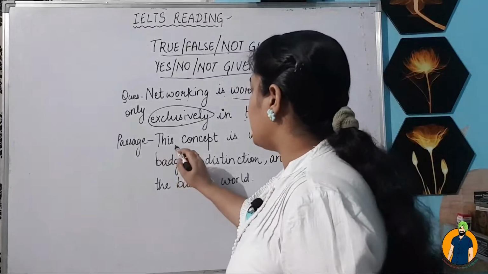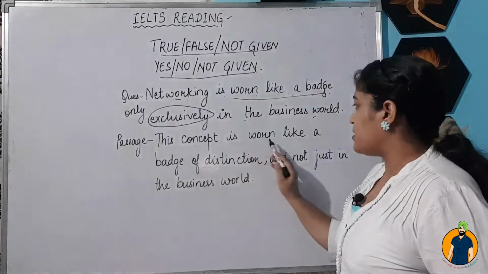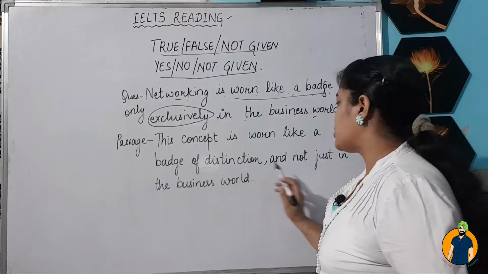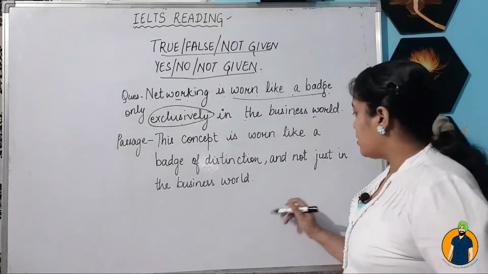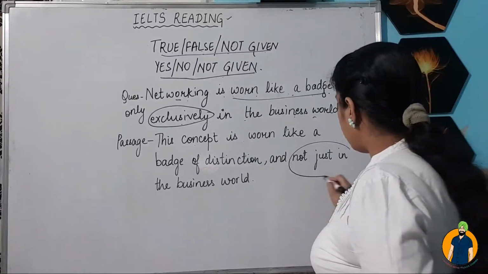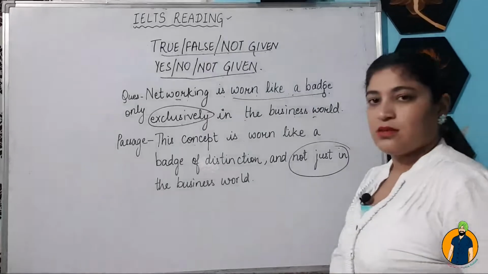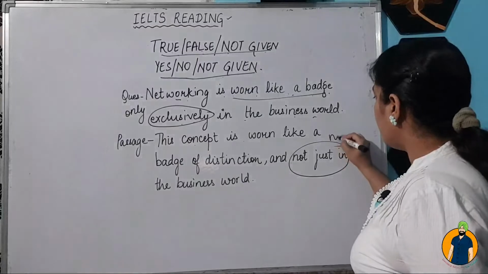And in the passage it is given, this concept is worn like a badge of distinction, and not just in the business world. So here it is given "not just in," which means "not only in."